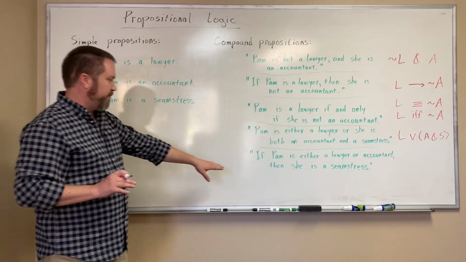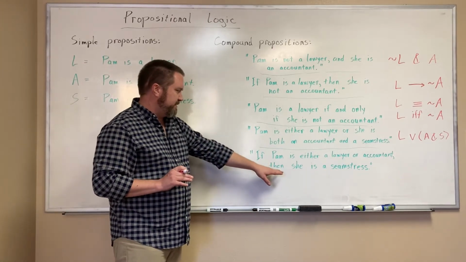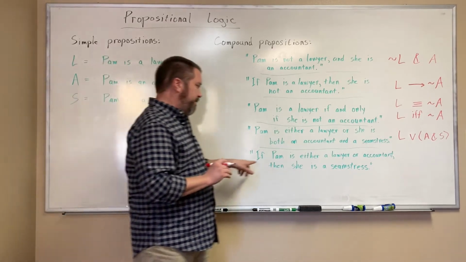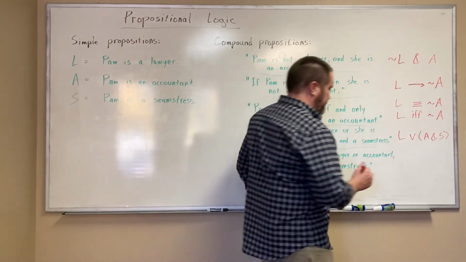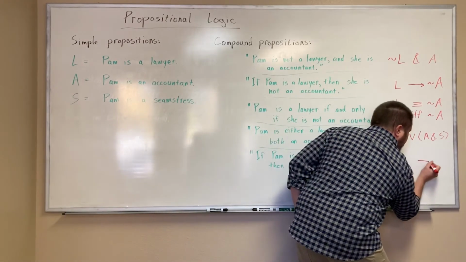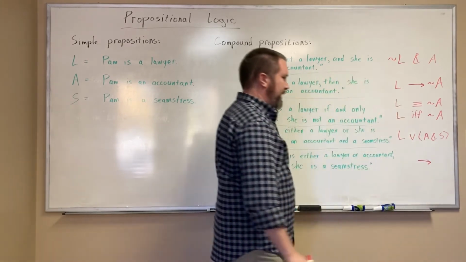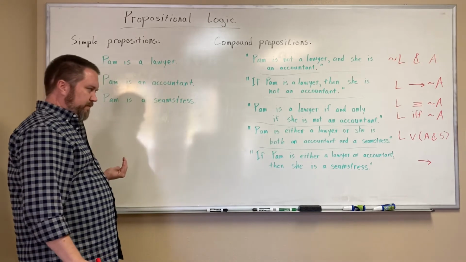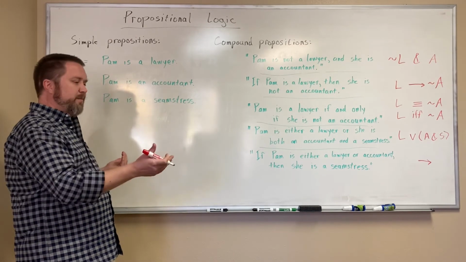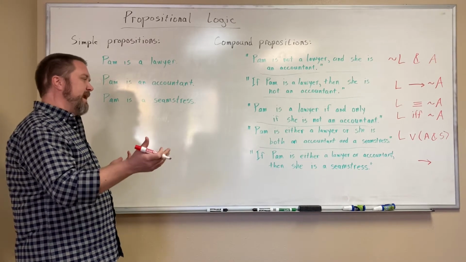And the final example I have: if Pam is either a lawyer or accountant, then she is a seamstress. So again, it's an if-then statement. I'm going to go ahead and put the arrow in right now. So the left side of the arrow is going to be what follows the if, or the antecedent.